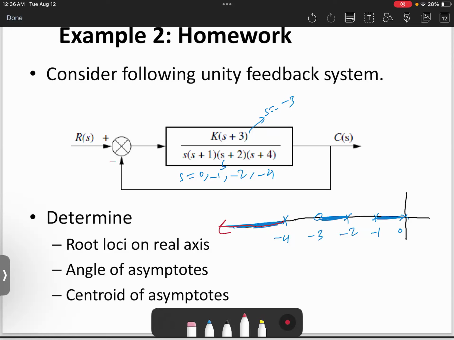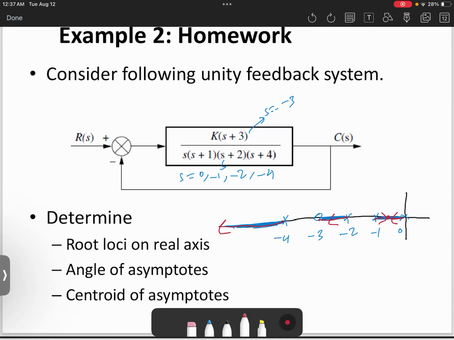It goes to the zero at -3. There are two remaining poles, 0 and -1. They will go opposite to each other until reaching the critical point. After that, they will go up or down, they have a possibility to go this way or that way.